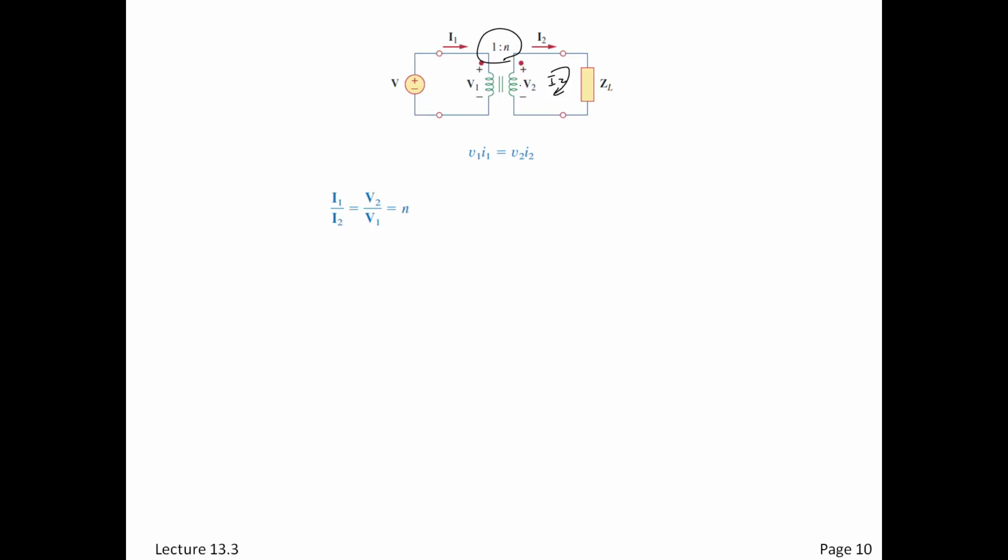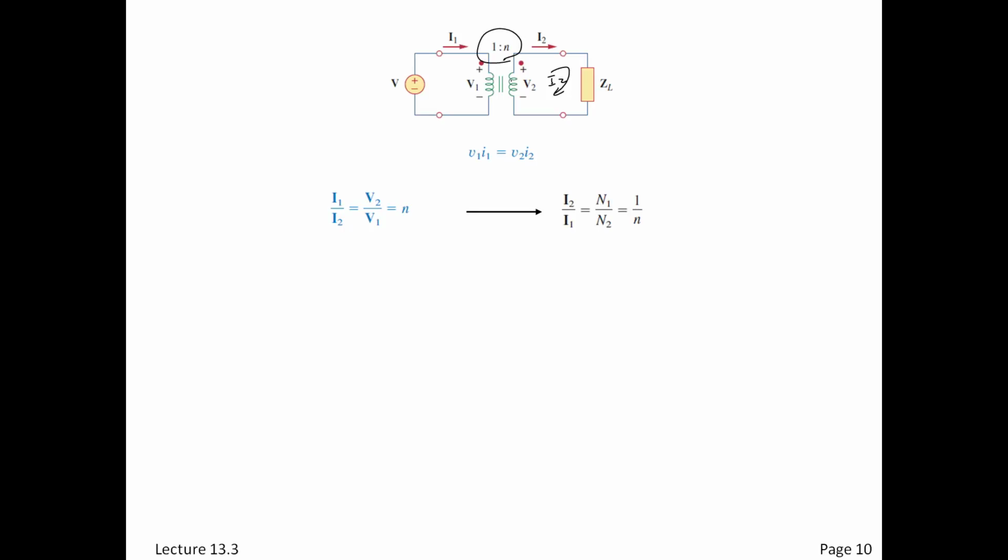And in phasors, we can say that the turns ratio is what? The direct proportion of the input current to the output current, and the inverse proportion of the output voltage to the input voltage. And so, simple relationships.